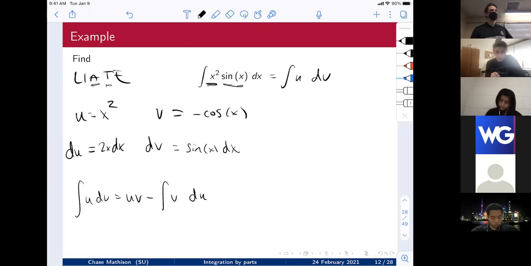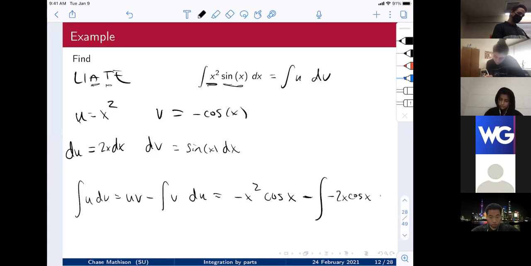I'm going to say that at least 10,000 times over the next couple days. So u times v, well, that's negative x squared times the cosine of x. Minus the integral of v du. Well, v du is negative 2x cosine x dx.